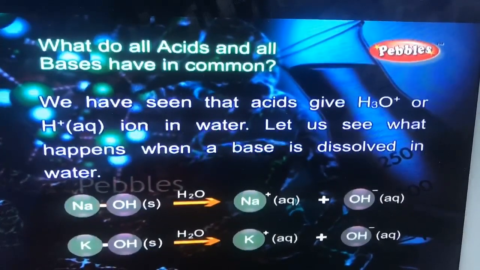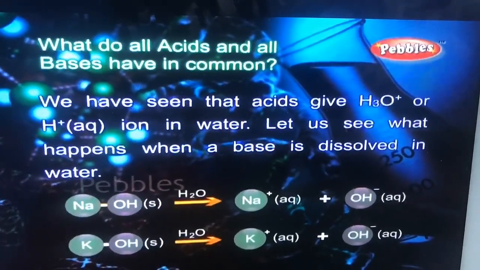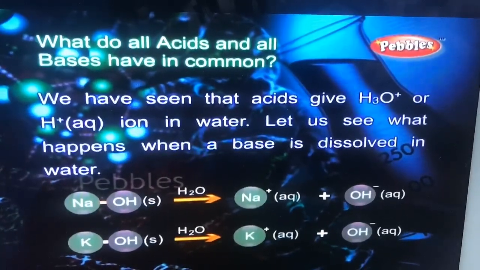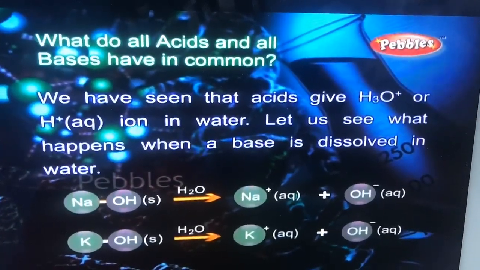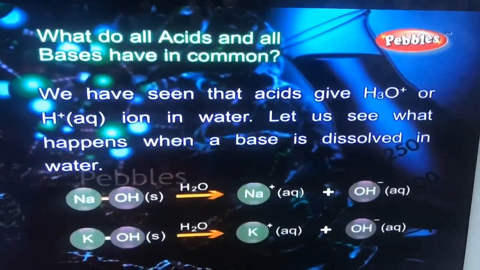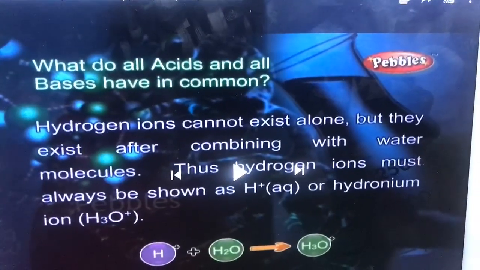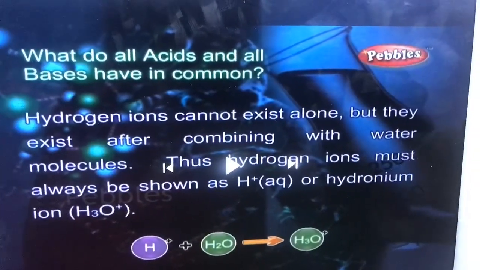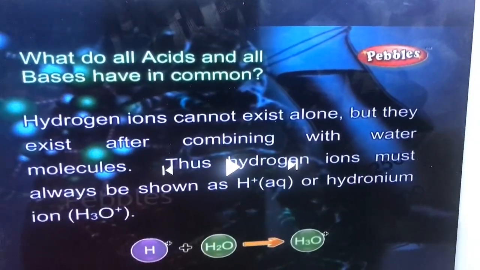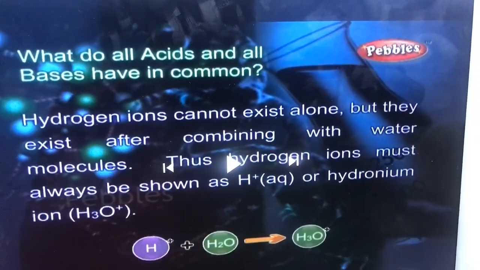NaOH solid, when dissolved in water, gives Na+ (aq) plus OH- (aq). KOH solid, when dissolved in water, gives K+ (aq) plus OH- (aq). So students, we get to know how acids behave chemically: they release H+ ions and bases release OH- ions when they dissolve in water.